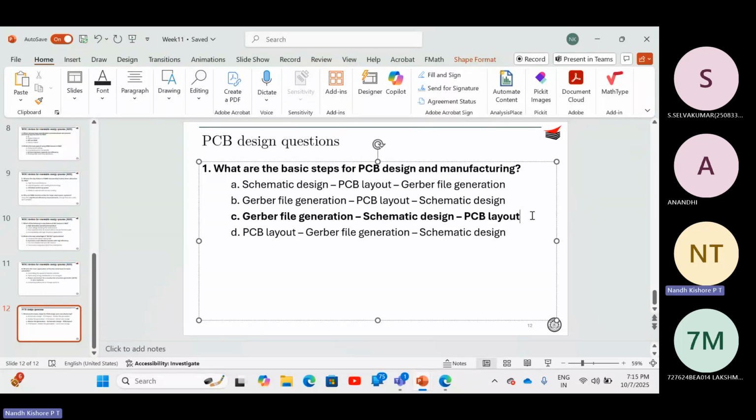I think this is very simple. So can you tell what is the correct answer? What are the basic steps? What do you do? What is the step for PCB design?